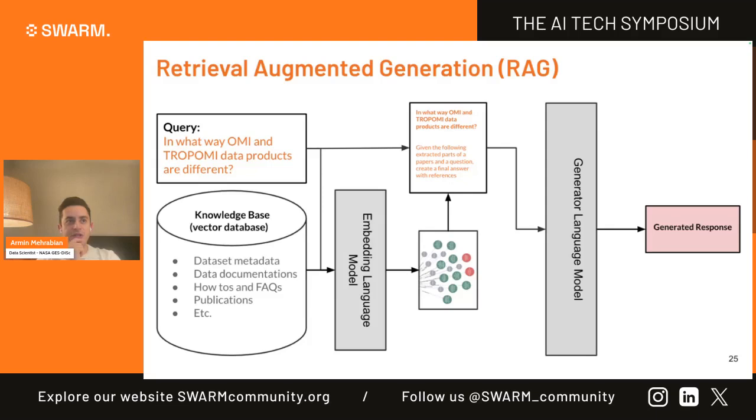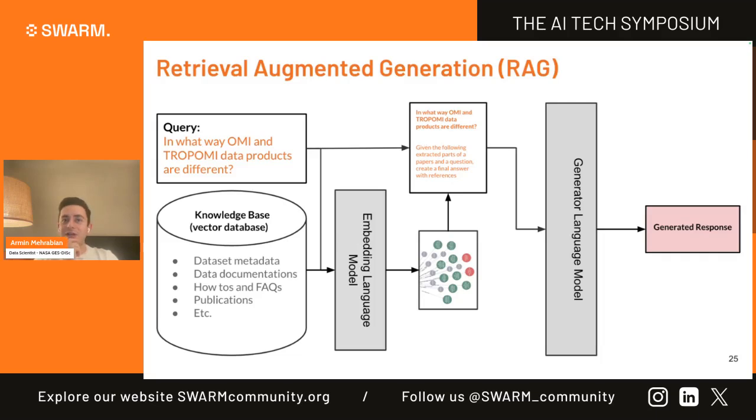So what I'm showing here is that we can now, using the knowledge graph into which we have ingested our dataset metadata, all these documentations, how-tos, FAQs, publications, and so on and so forth, instead of just doing a keyword search, go and ask really complex questions.